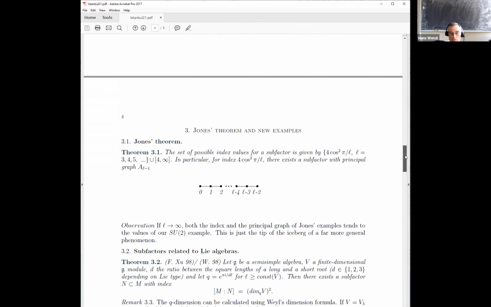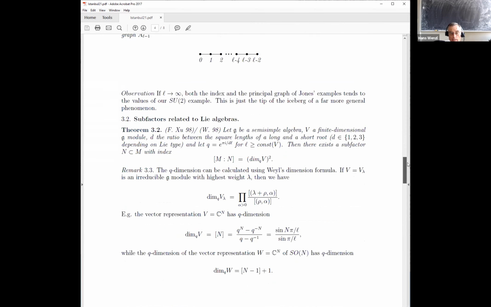And so this was done in about 98 by Fang Xu and by myself independently from each other. So, maybe these technicalities are not that important, but let me state it quickly anyway.